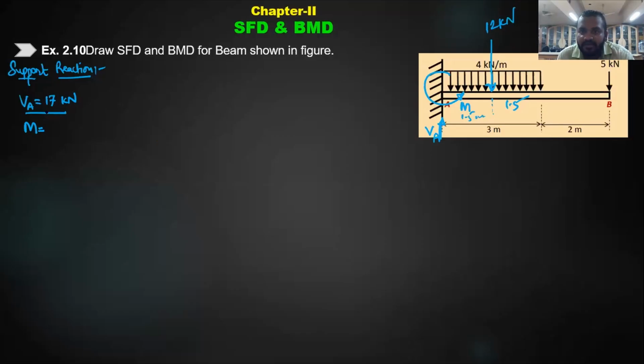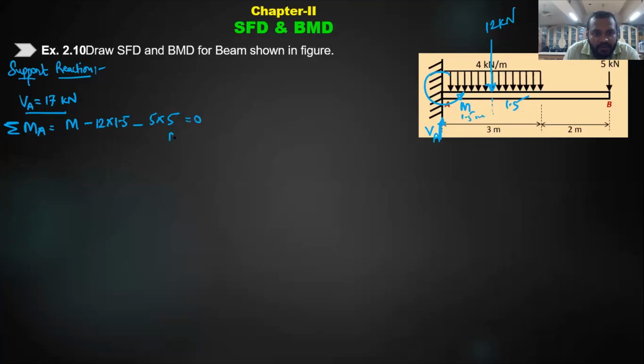That is correct. What will be the moment? For the moment we have to write an equation. Summation of moment about, let's say, A. One moment is our M, another moment is -12 into 1.5, and the third moment is -5 into 5, and that has to be equated with 0.